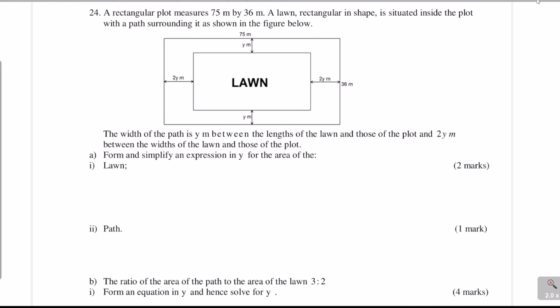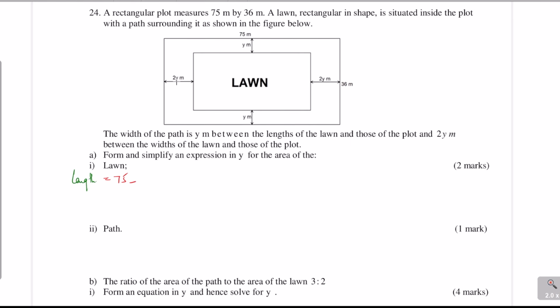So we start with the area of the lawn, a simplified expression. Now, having these dimensions, the rectangular plot is 75, that is the length, and the width is 36. So we need to get the length of the lawn, and since you can see from either side we have 2y meters, 2y meters, the length of the lawn will be, you take 75 and then you subtract both ends.